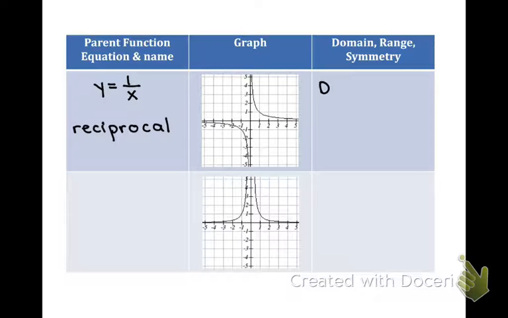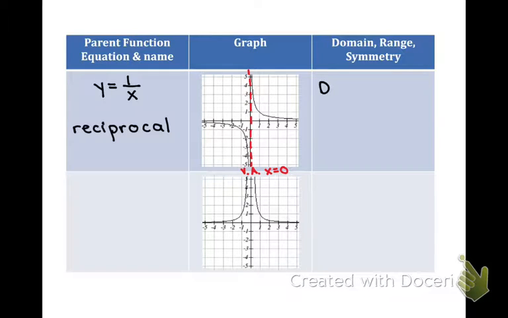Let me draw this in for us in our graph actually before we go straight into the domain or range. So this graph actually has a vertical asymptote at x equals 0. Makes sense when you think about it because we can't have 0 on the bottom of a fraction.